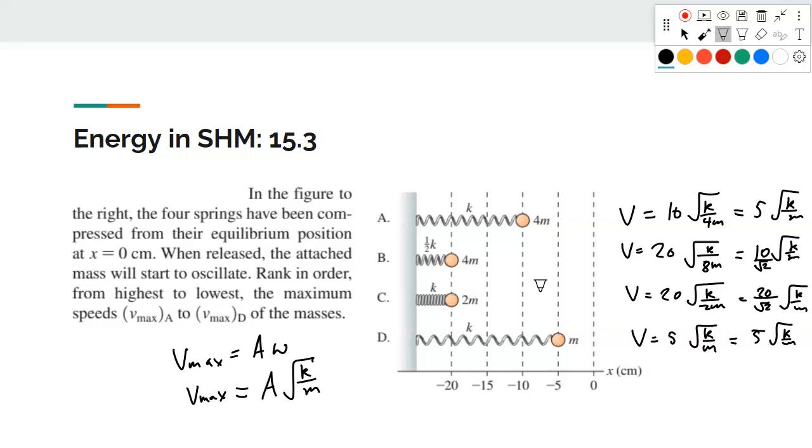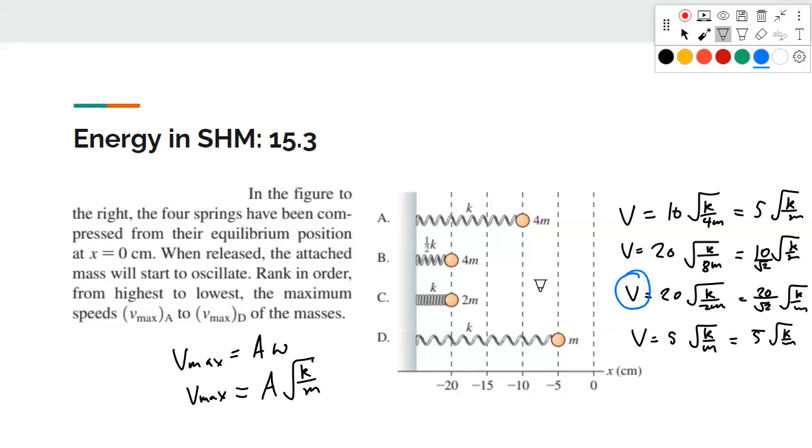So if we want to compare them, we can just compare the coefficients. And so which one of these is the biggest? Which has the biggest coefficient here? Right, so it's this one. Root 2 is like what, 1.4 or something like that.